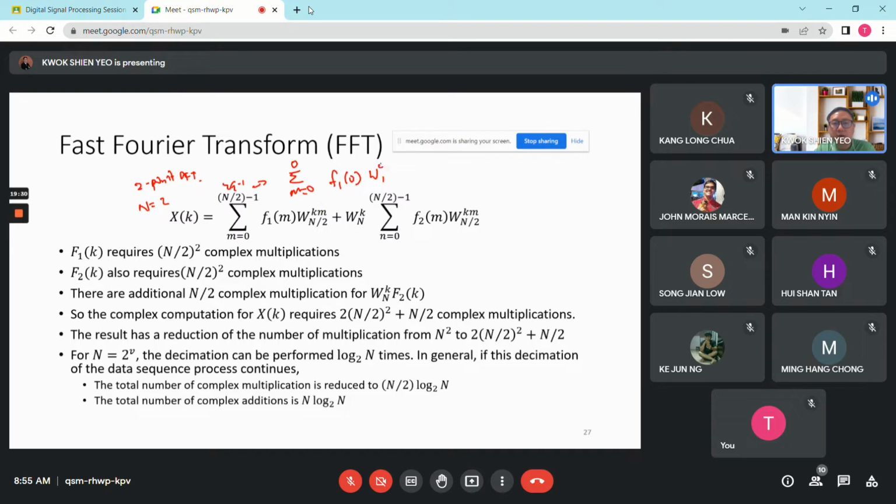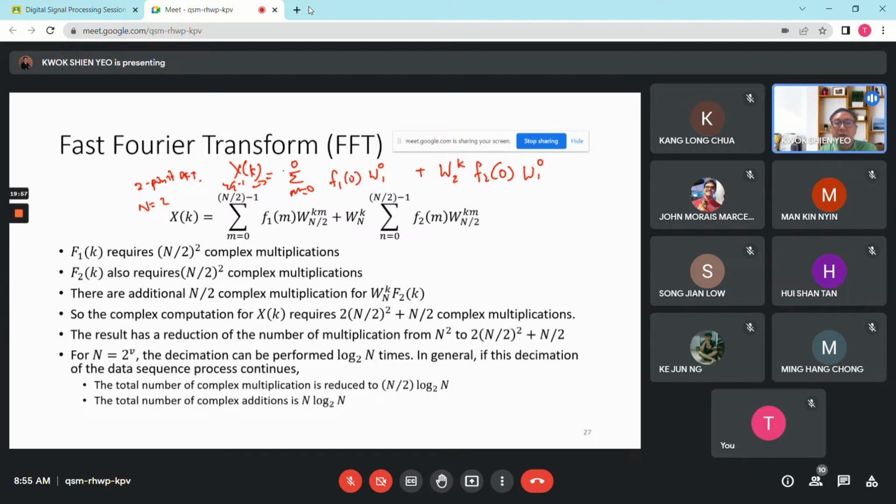Plus W_2 to the power of k f2, m is 0. This one is similar now. If you replace N equal to 2 here, then W_1 to the power 0. Right. So this is your X(k).